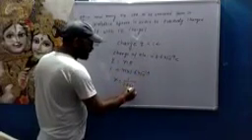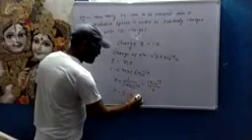So N is equal to 1 upon 1.6 into 10 to the power minus 19, so 1 into 10 to the power plus 19 upon 1.6, which is 6.25 10 to the power 18 electrons. Note it.